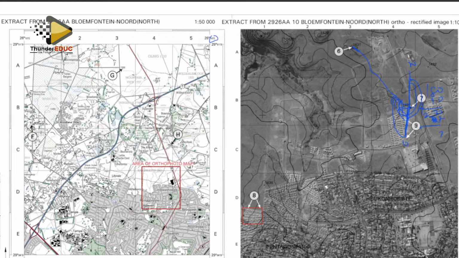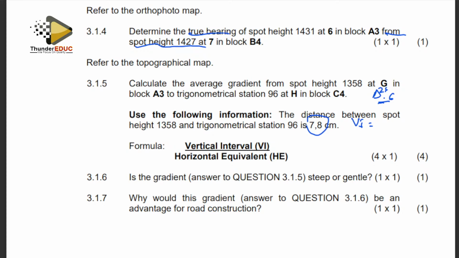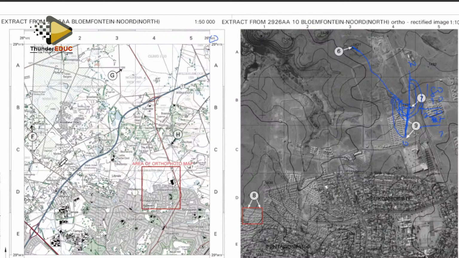So we come here. The trig beacon is 96. In which block? It's in block C4. You come here, C4. H is here. Okay? So the height of this trig beacon is this number below here. I don't know if you can see there, but now I can see it here. But if you can't see it, I will tell you.